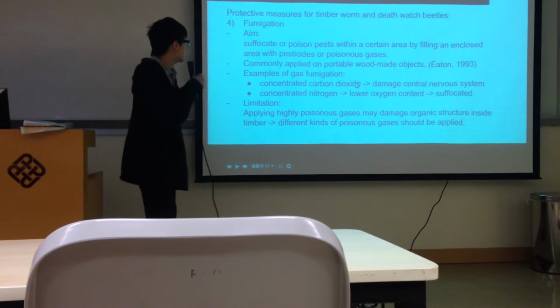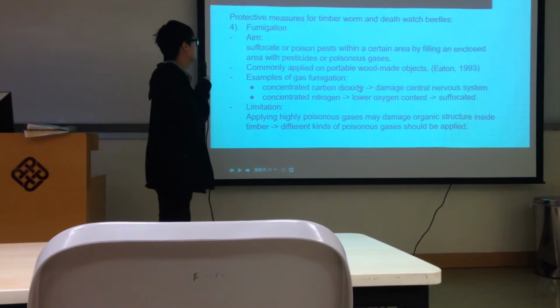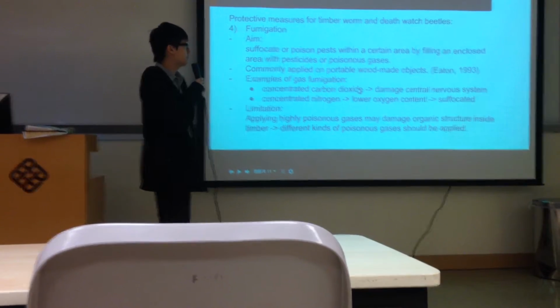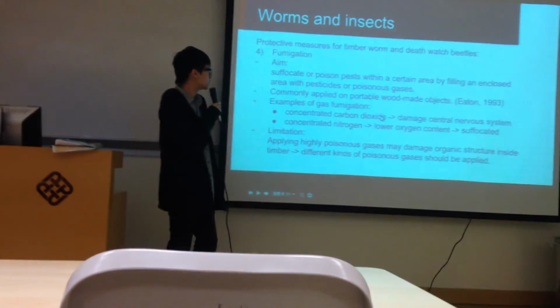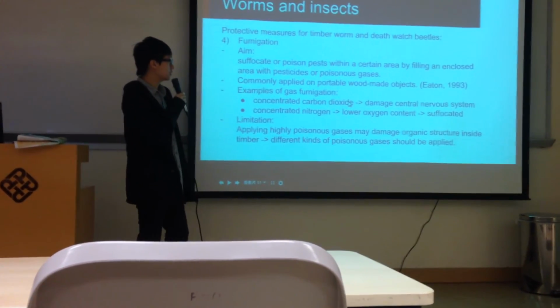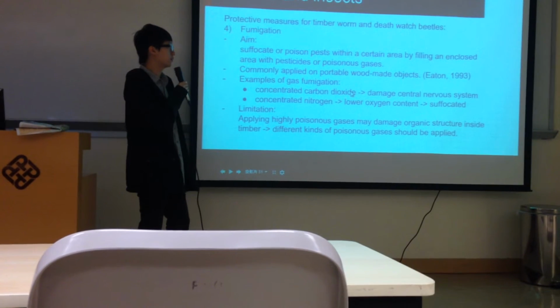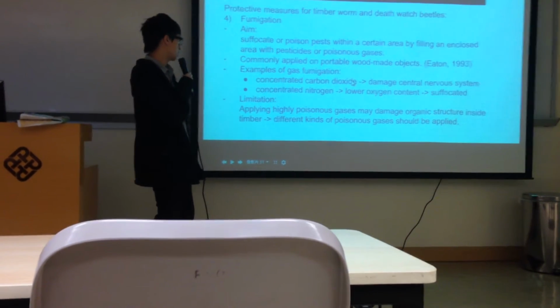The fourth one is the fumigation. The aim of fumigation is to suffocate and poison pests within a certain area by filling an enclosed area with pesticides or poison gases. It is very commonly applied on portable wood-made objects.